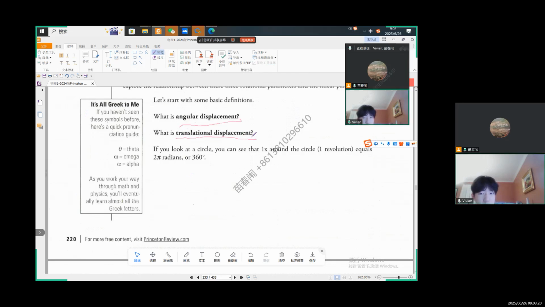Translational displacement is basically the displacement we did before. For example, there's a block or car, so here's its displacement. Or even if you can fly, this is your displacement. Angular displacement is around the circle.